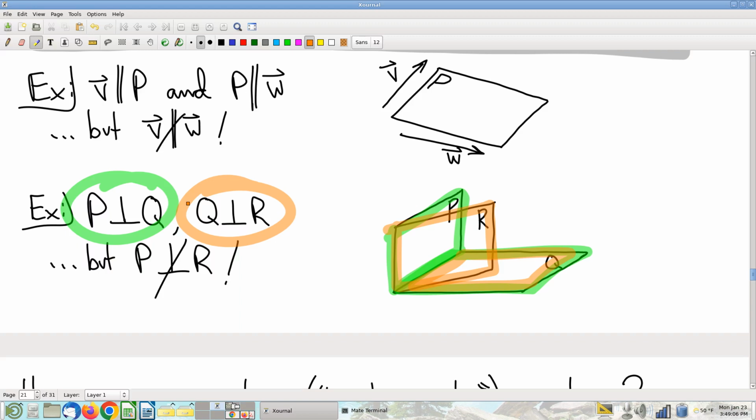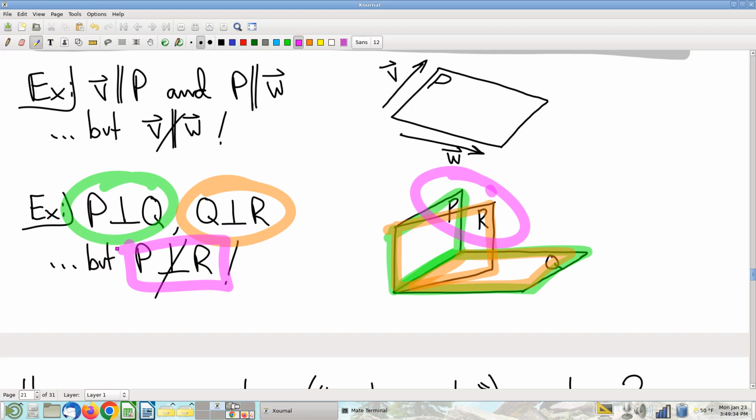You would think that perpendicular to something that's perpendicular to something else would give you parallel or something. It really feels like it ought to be, but with planes, it just isn't. And again, you can see these two planes, P and R, definitely don't have to be perpendicular. They also definitely don't have to be parallel. There's just no relationship you can conclude there.